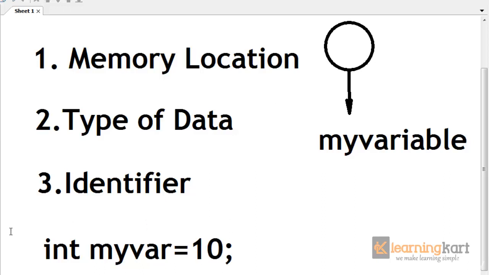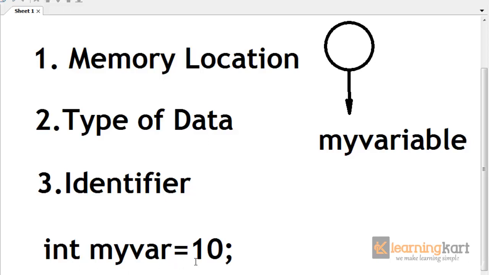This will be decided by the type of the data, which is int. Since int is a 32-bit variable in Java, this will assign 32 bits of memory to this value 10. And you could always refer to this variable by this identifier or variable name we call myVar.